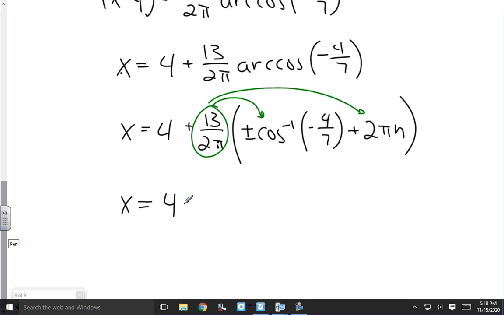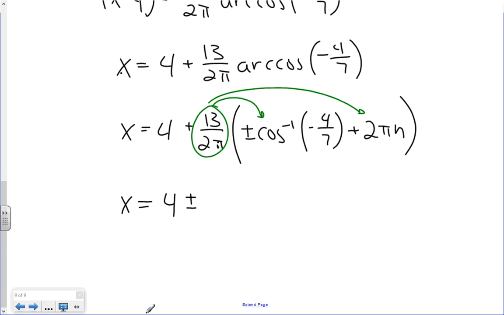So it's plus or minus, and then we'll put our 13 over 2 pi cosine inverse of negative 4/7. So that's just simply multiplying by the 13 over 2 pi. Now when I multiply the 13 over 2 pi times the 2 pi n, notice that the 2 pi's are going to cancel each other out. And we're going to be adding on just 13n.